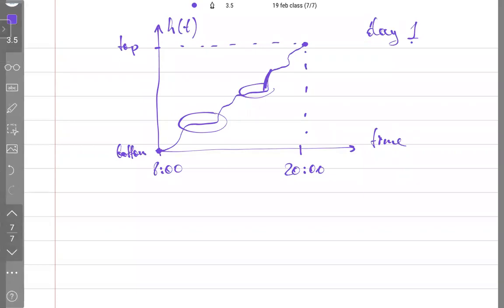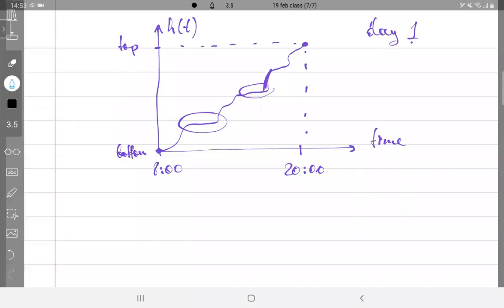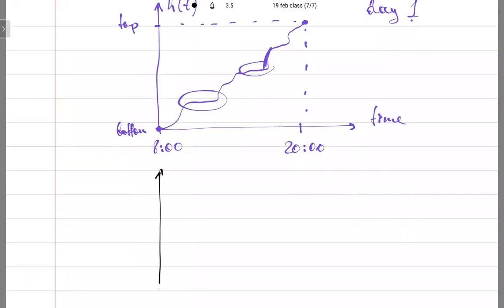And if I draw the same plot for day two, he starts at 8 a.m. He finishes his road at 8 p.m. But the plot is different.